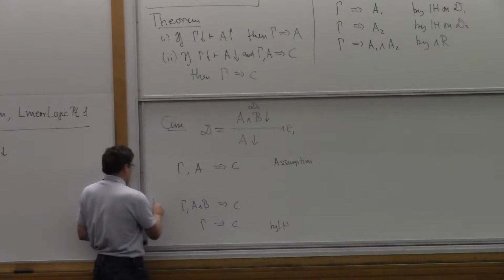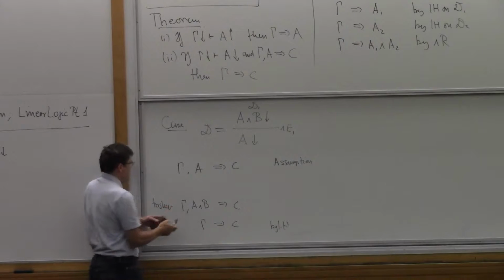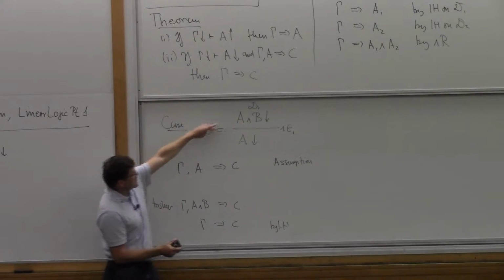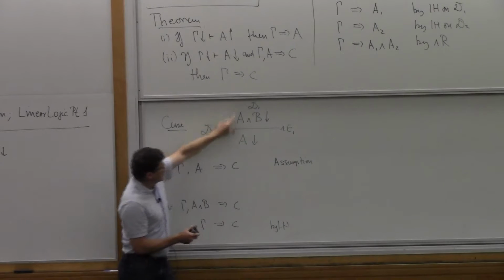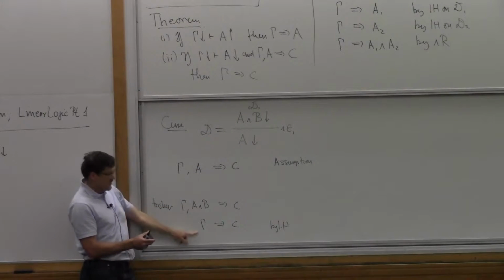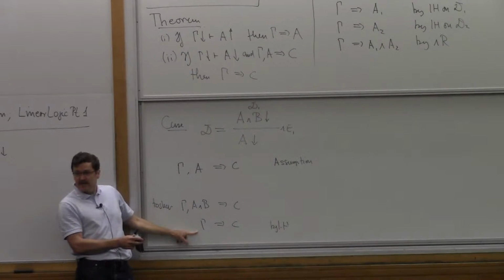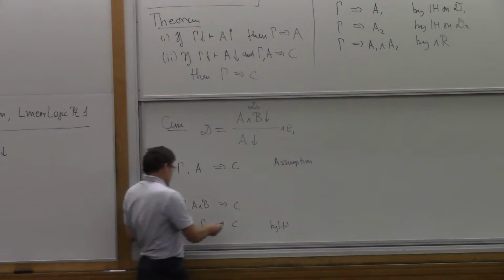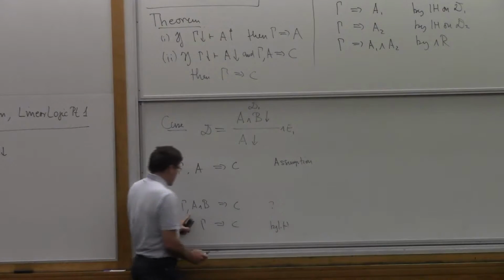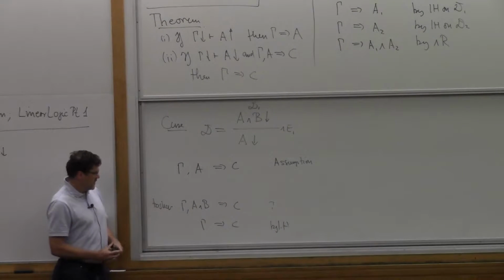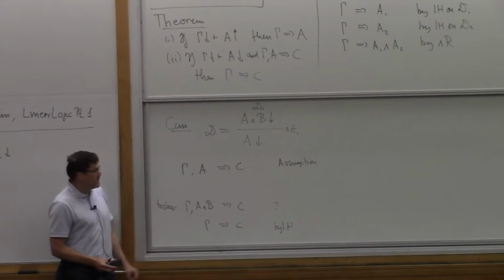So it would be enough to show this, right? Because if you know this, then the induction hypothesis tells us that if we know A and B down and we know this, then we can conclude that. That's exactly what the induction hypothesis says. So the question is, how does this follow? That from gamma and A and B we can prove C. Because then we're done. Okay?